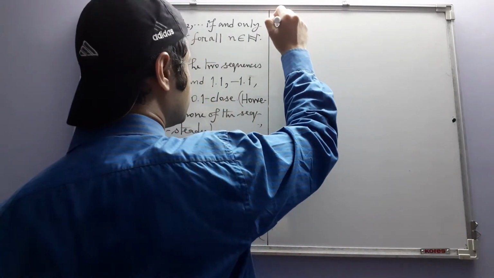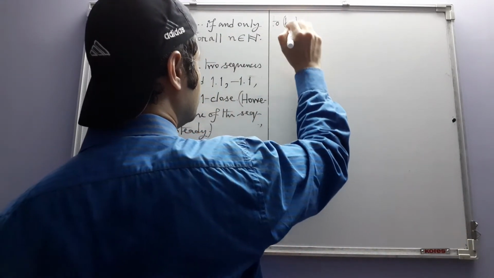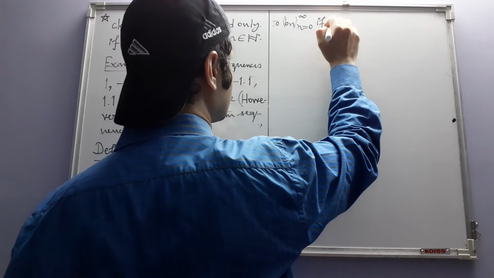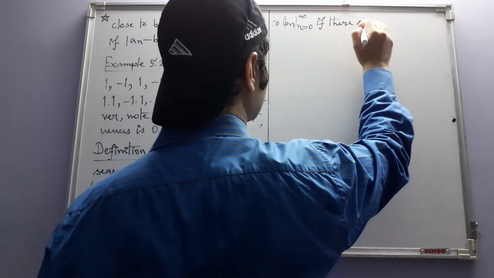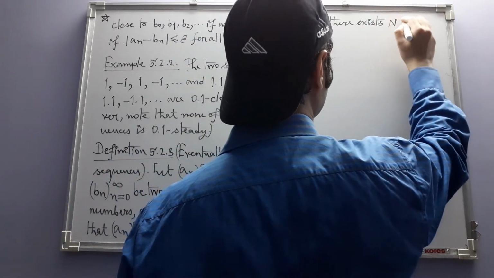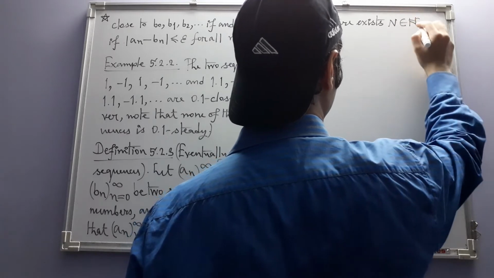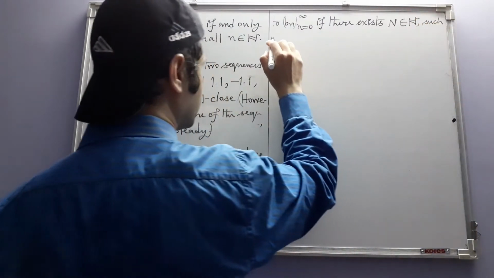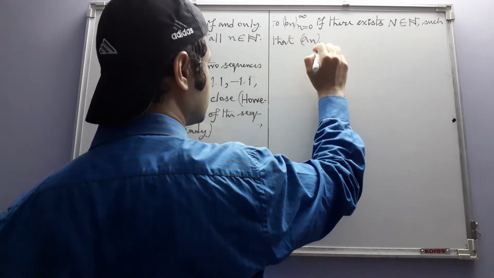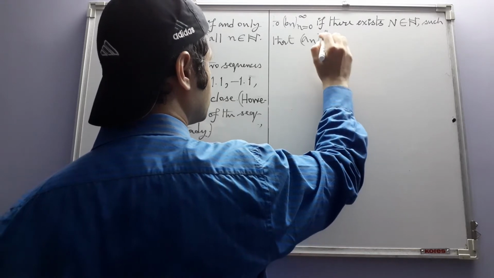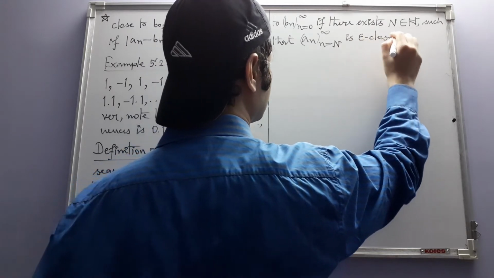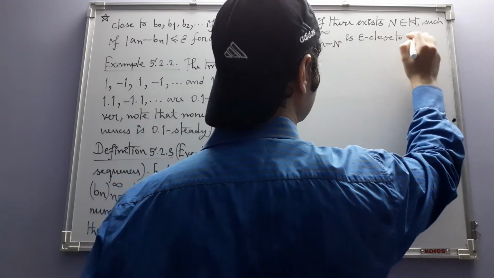Epsilon close to b_n if there exists a natural number N such that this sequence is epsilon close to this sequence.